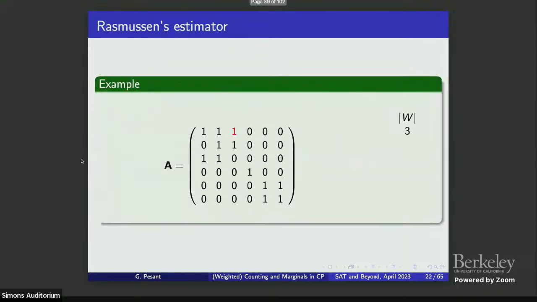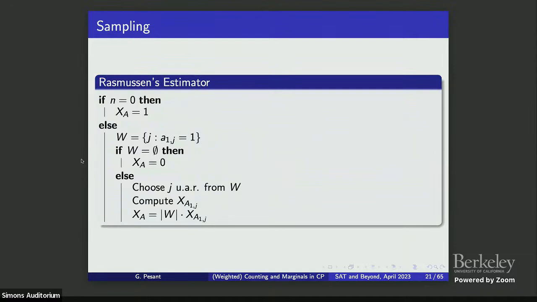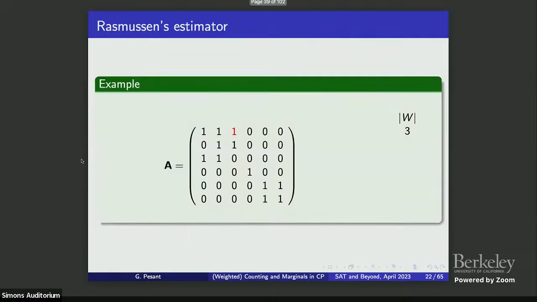It basically goes row by row, looks at the number of ones in a row, picks one uniformly at random, and computes recursively a product of the number of ones that are in every row. So in this example, the first row has 3 ones. You pick one uniformly at random, for example this one here, and you note that you had 3 ones. You go on, remove that row, and remove the column.